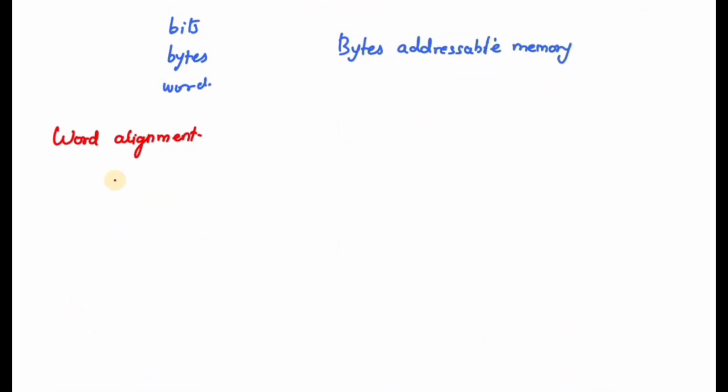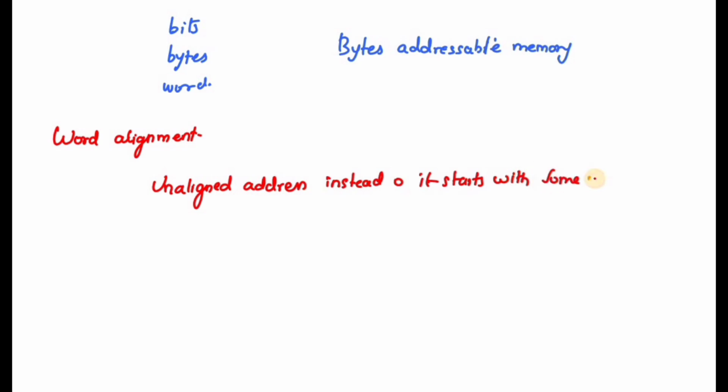So what are unaligned addresses? Instead of 0, the word starts with some other arbitrary byte address.